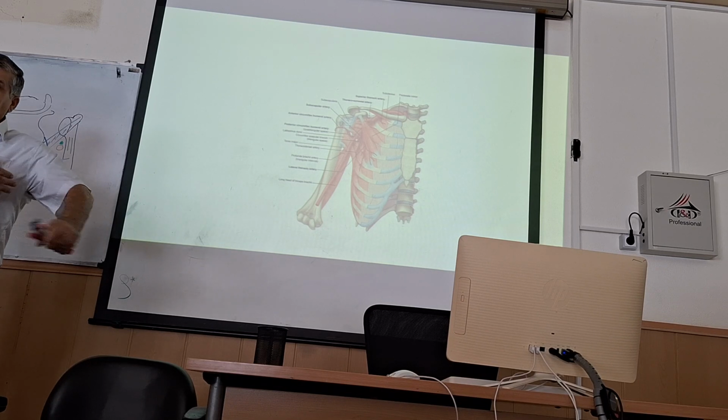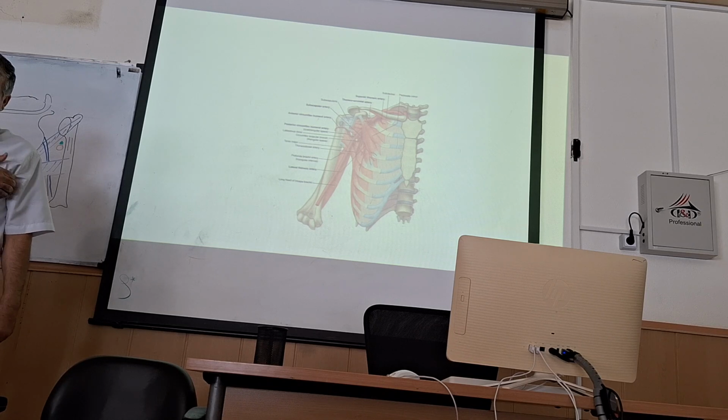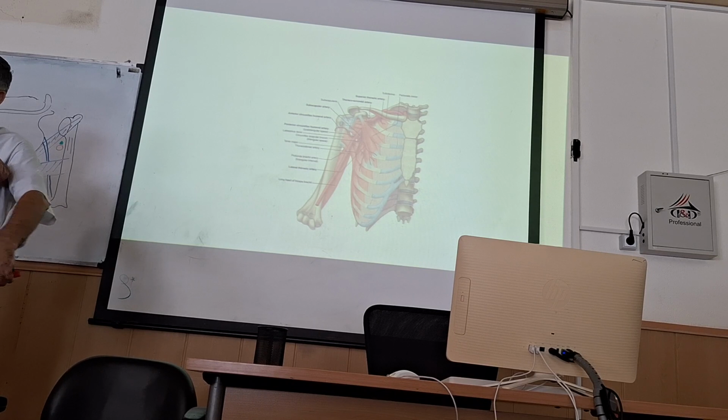Okay. The medial wall is bony and is formed by the scapula, four upper ribs, and the muscle attached to them. Which muscle? Serratus anterior. Pectoralis is here. The lateral wall is bony.